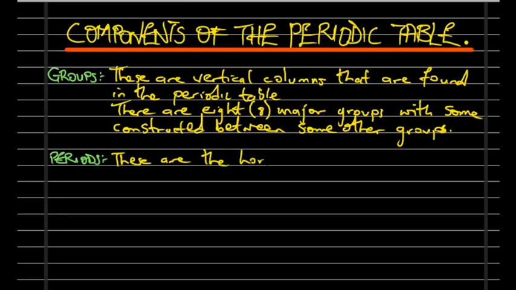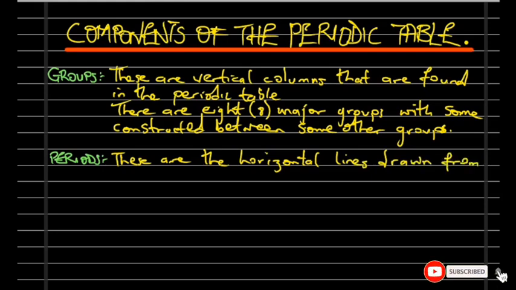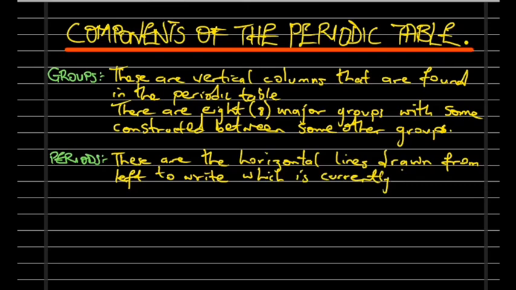These are the horizontal lines drawn from left to right, which currently has up to 8 periods. We can have that up to 8 periods.